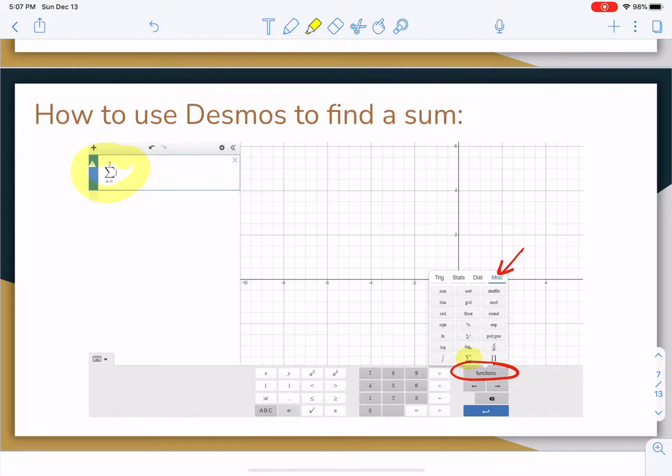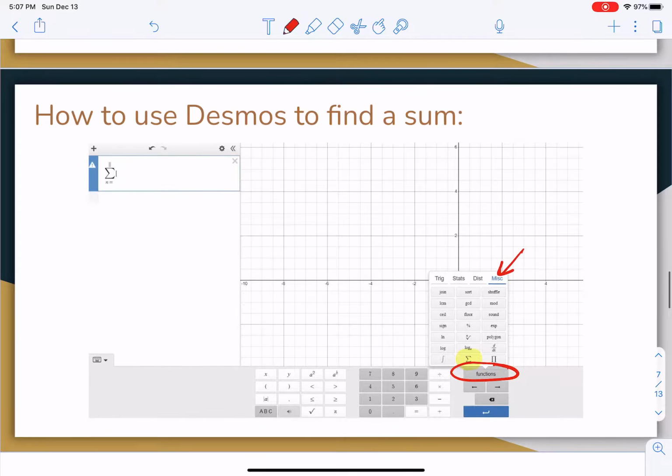And just like on your TI calculator, you will be given the summation symbol, and you can then type in your argument and tell it to go from, and in this case, it looks like Desmos put an N in there. So I'm going to make that match. So my argument is going to be 1 over n squared, n going from 1 to 10.